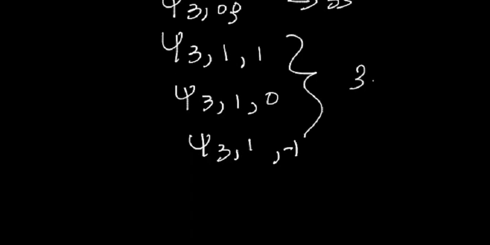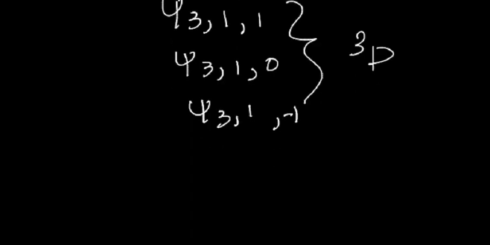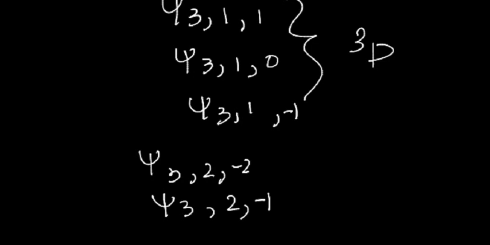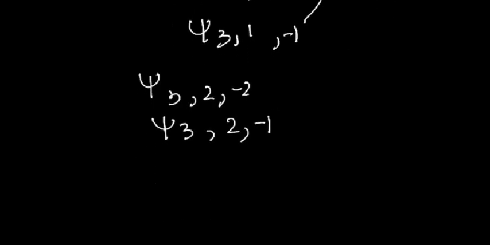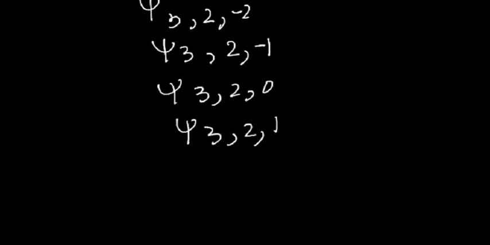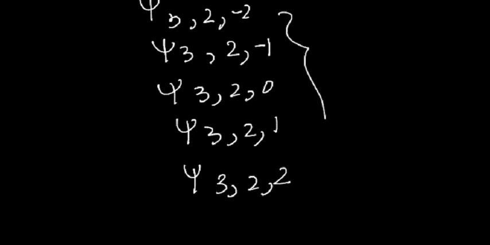Let us write this as 3p, and since there will be a 3d orbital, phi 3, 2, minus 2, phi 3, 2, minus 1. Let's proceed serially. Phi 3, 2, 0, phi 3, 2, can you guess it? Yes, it's 1. And lastly, it's phi 3, 2, plus 2. And this constitutes the 3d orbital.